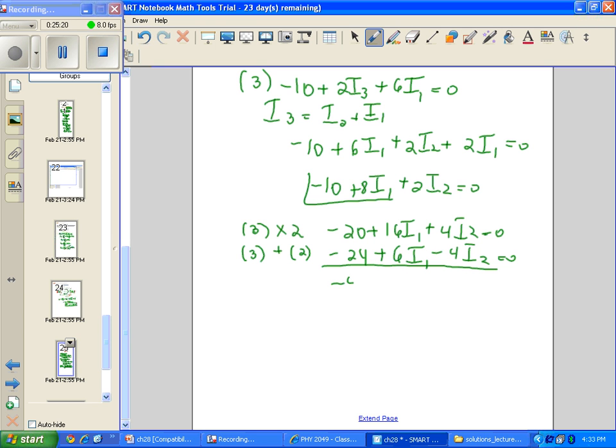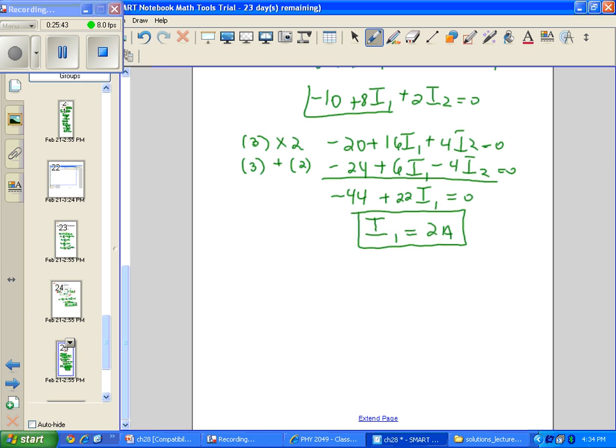I get minus 44 plus 22I1 equals 0, since the I2's will drop out. Well, this gives me a value I1 equal to 2 amps. So I have now solved for my first unknown.